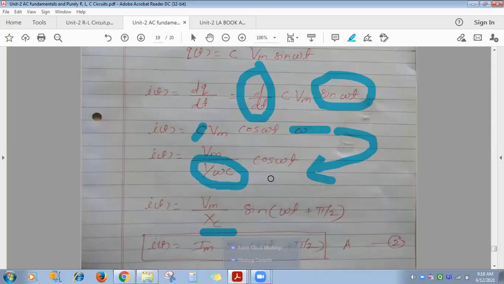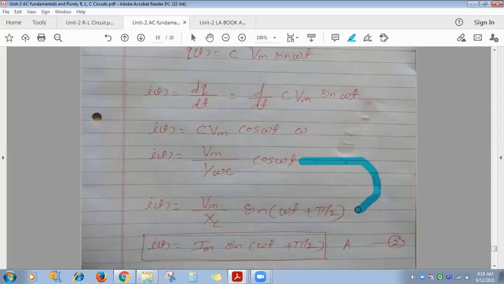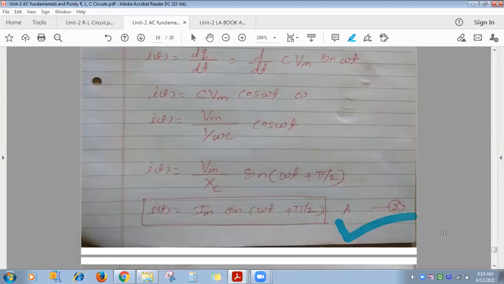And cos of omega t you can replace as sine of omega t plus pi by 2. This formula you know from 12th. And what is Vm by Xc? Im, right? It is Im. So you will get the expression for current: Im sine of omega t plus pi by 2 ampere.